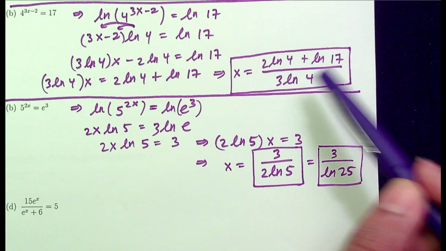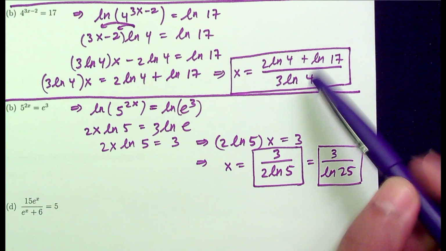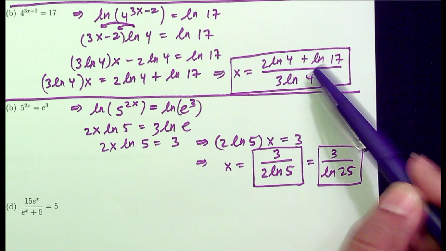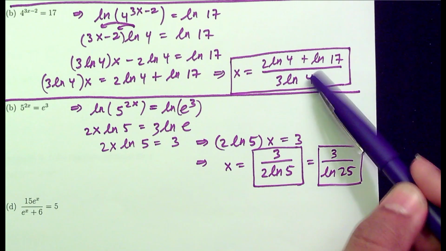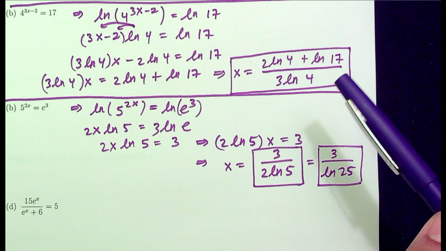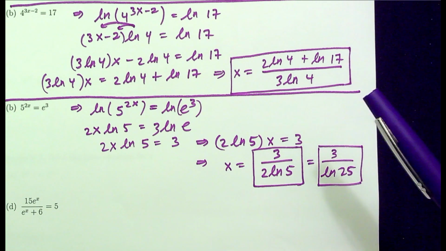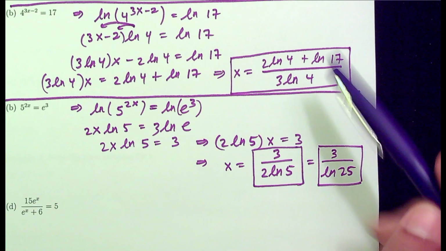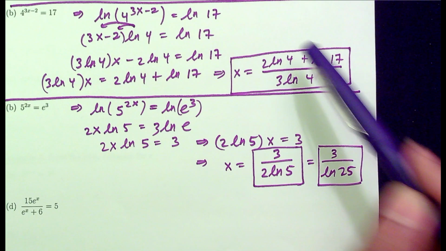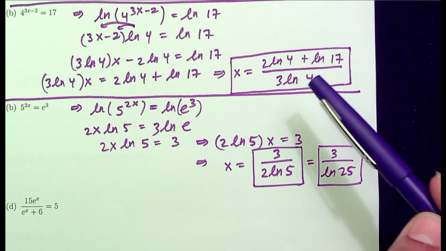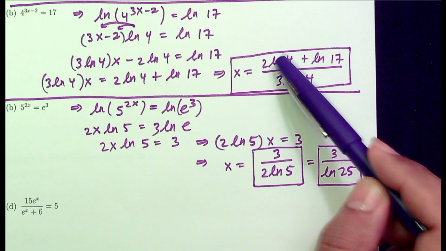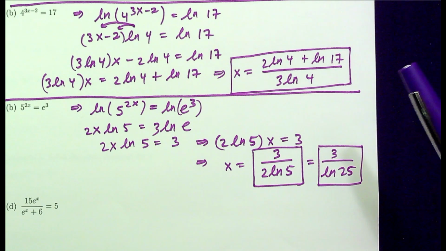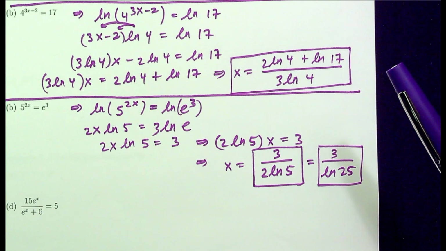Similarly, you could do such things here. You could move these 3 inside, and it would be like 4 cubed, which is 64. So at the bottom could be written as ln of 64. And these 2, you could move it inside, and you would have ln of 16. Then you could combine the 2 logarithms that are being added together as the product of the logarithm.